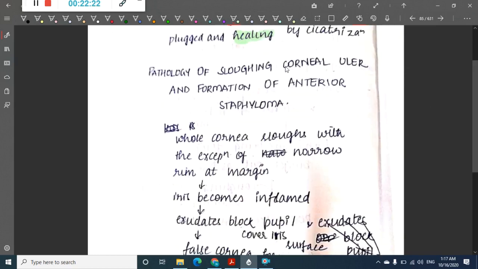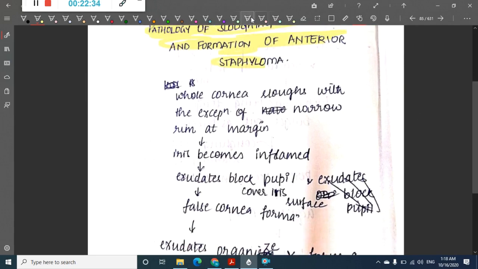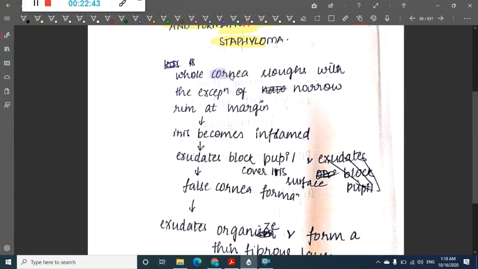Okay. But what about the pathology of a sloughing corneal ulcer and formation of anterior staphyloma? We will also see this. See, now the corneal ulcer is filled with pus. It sloughs, and because of the pus, the iris will also become inflamed.